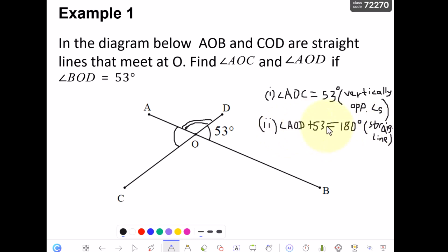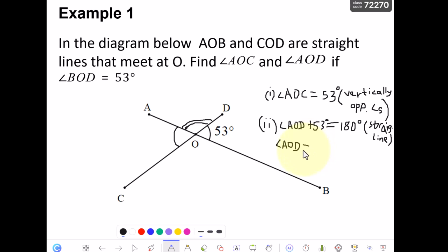Now, if this is a straight line angle, which is 53 degrees, what do we do next? You know your simple equation now. You see why we say equation is the basis of mathematics. Now, how do I get AOD? I'll collect like terms. And how do we collect like terms? We said positive 53 will cross to this side.